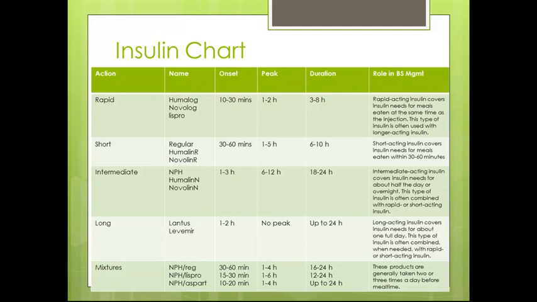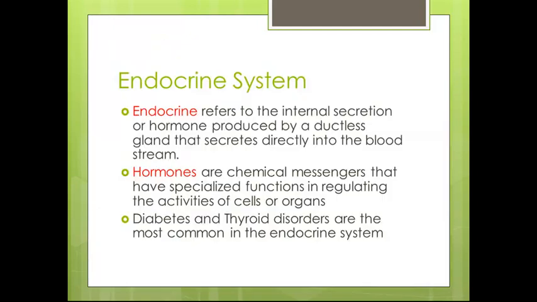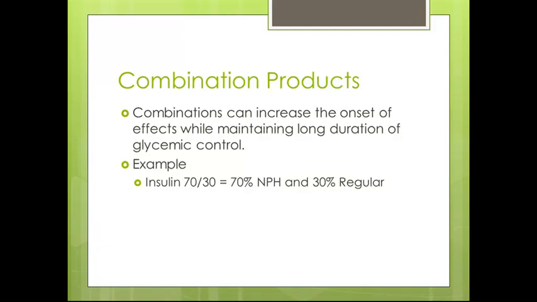These products are generally taken 2 to 3 times a day before mealtime. Combination products can increase the onset of effects while maintaining long duration of glycemic control. An example, insulin 70/30, very popular, is 70% NPH and 30% regular.